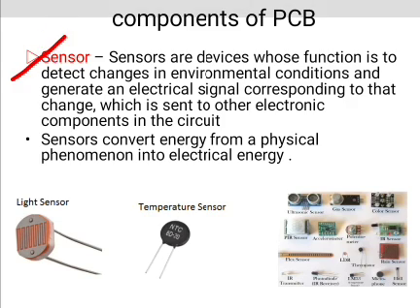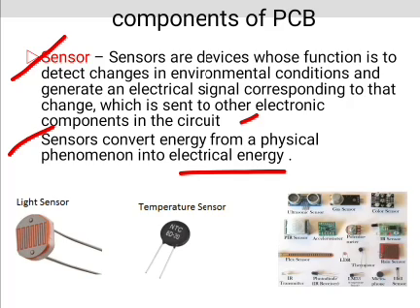Next component is the sensor. Sensors are devices whose function is to detect change in environmental conditions and generate electrical signals corresponding to that change, which are sent to the other electronic components in the circuit. Sensors convert energy from a physical phenomenon into electrical energy.